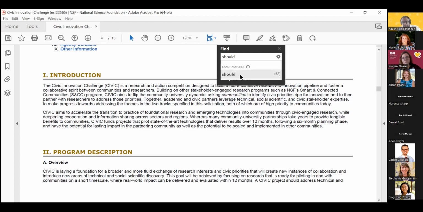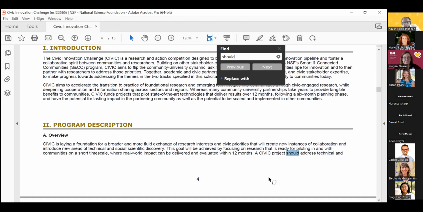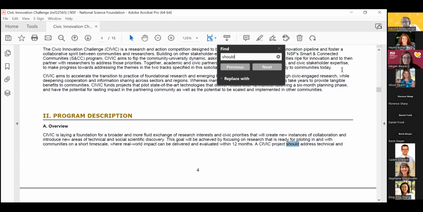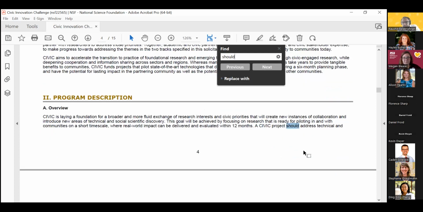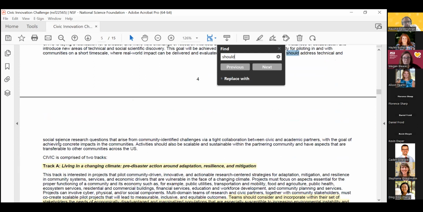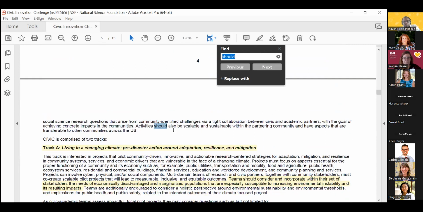Okay. There are 52 shoulds. So let's take a look at where these things are appearing. A civic project should address technical and social science research questions. That's important from the solicitation. Activity should be scalable and sustainable.